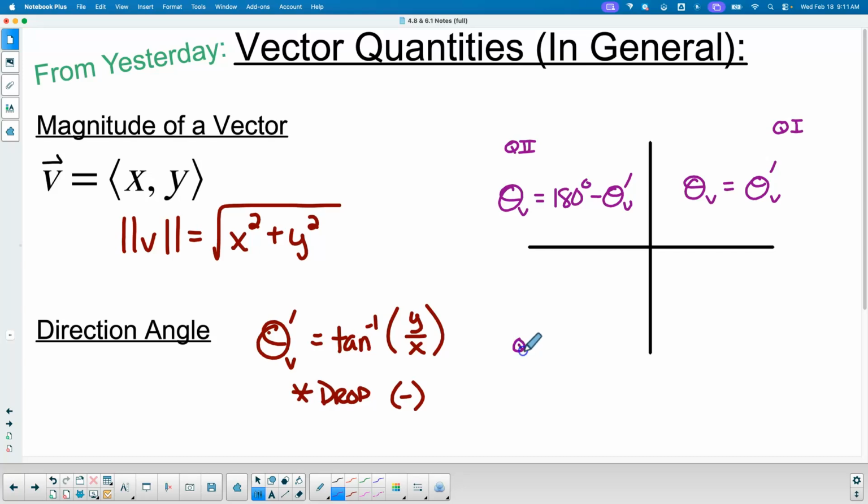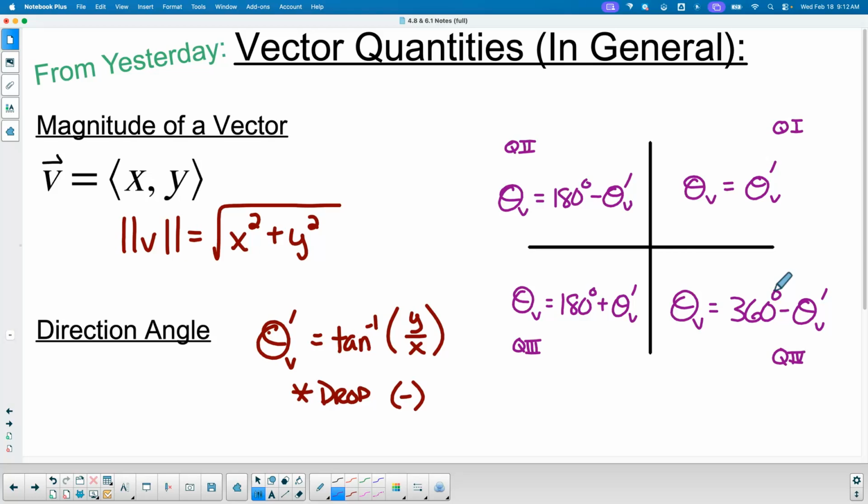If you're in quadrant number 3, actual direction angle is 180 degrees plus your reference angle. And if you're in quadrant 4, actual direction angle is 360 minus your reference angle. And those haven't changed since you learned them in semester 1. Questions on any of that?